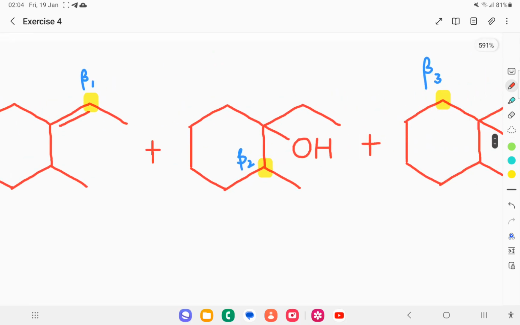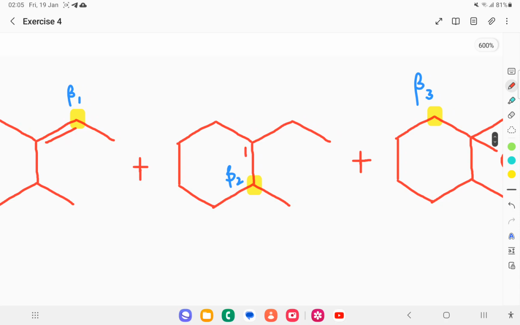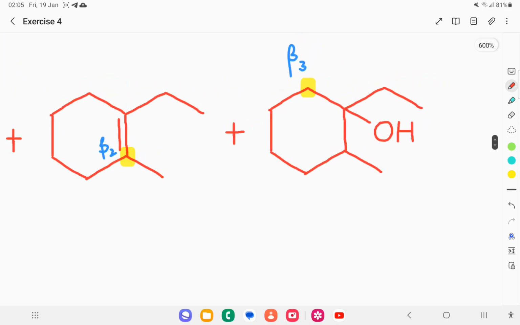For the second product, we look at the second beta carbon. We will remove this OH and one hydrogen at the beta 2 carbon, and the double bond forms here inside the ring. For the third product, we look at the third beta carbon.